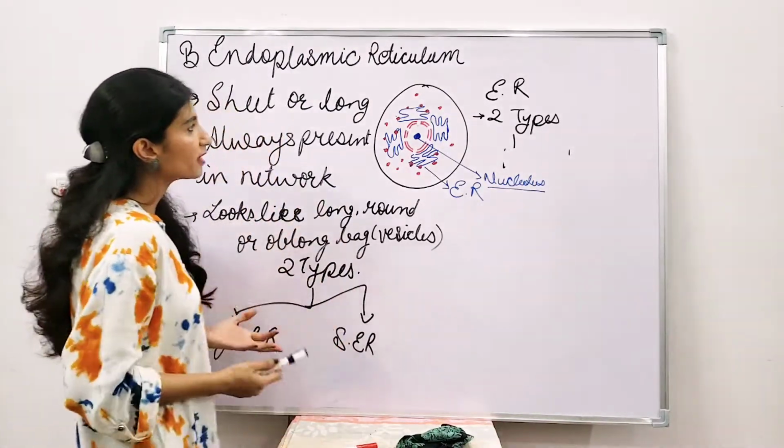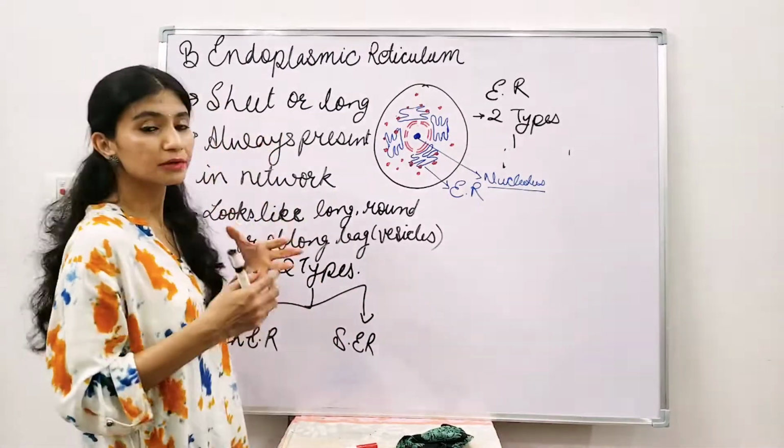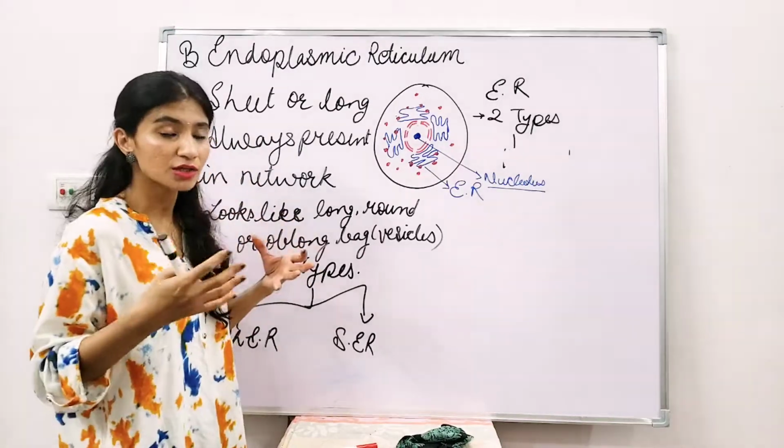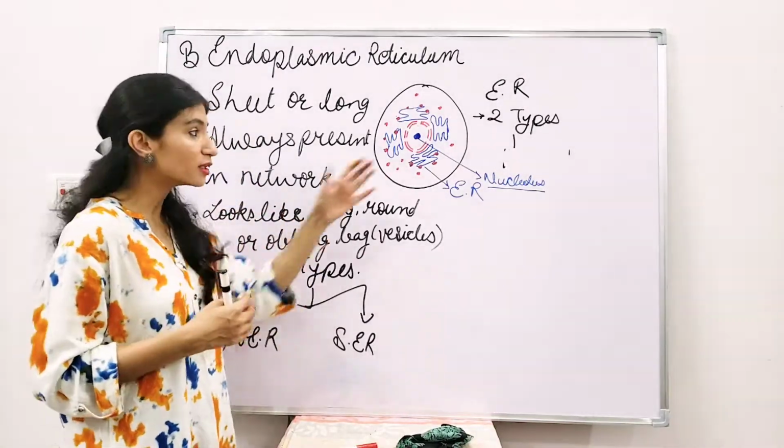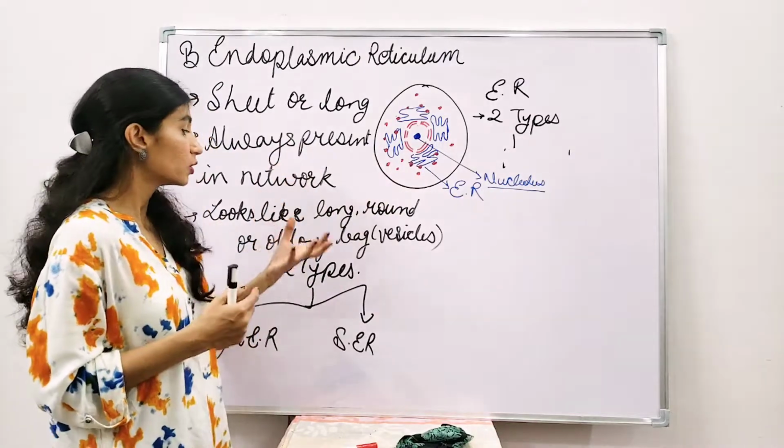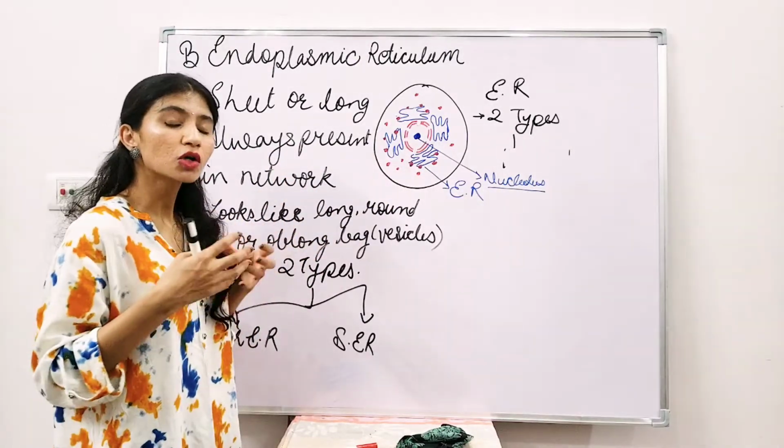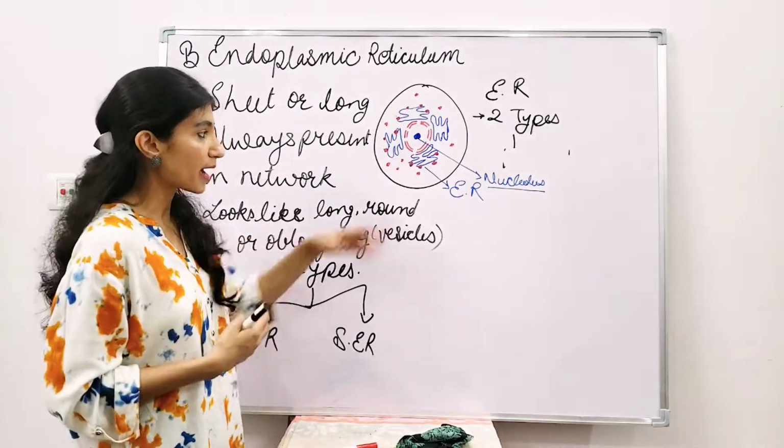Okay, so far we have discussed that endoplasmic reticulum is basically a sheet-like and long structure. It is always present in the form of a network. It looks long, round or oblong, bag-like, like the vesicles.